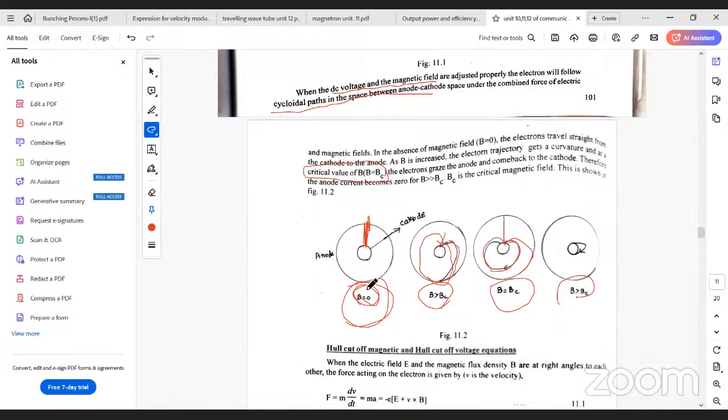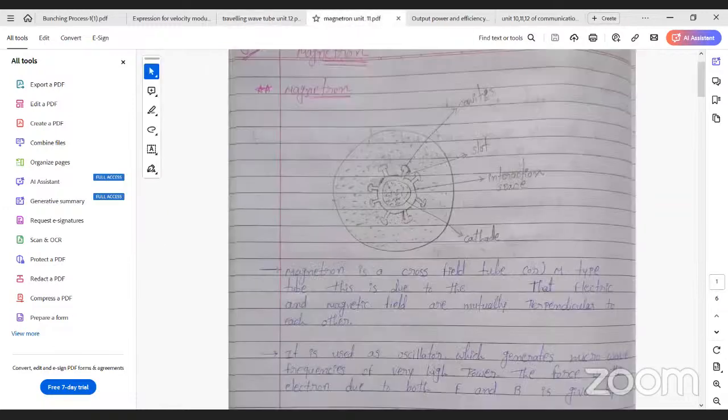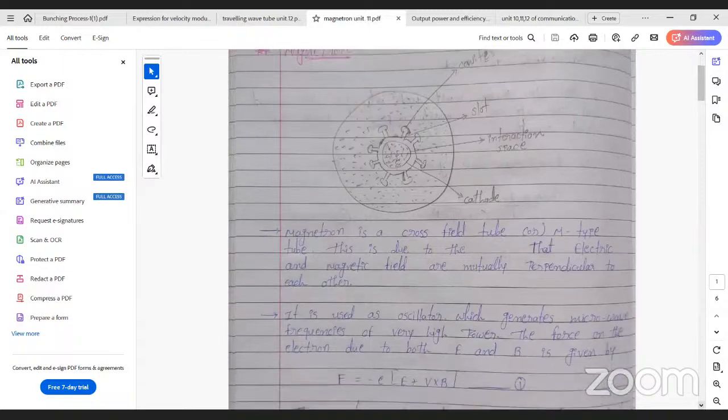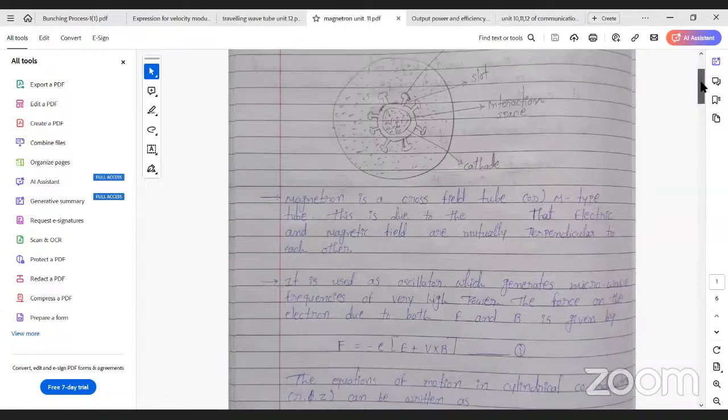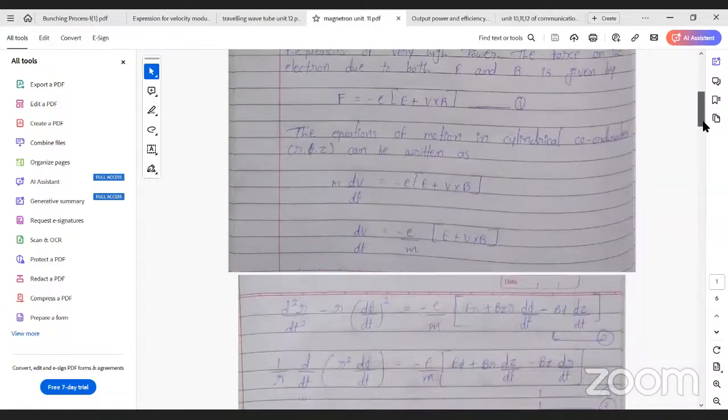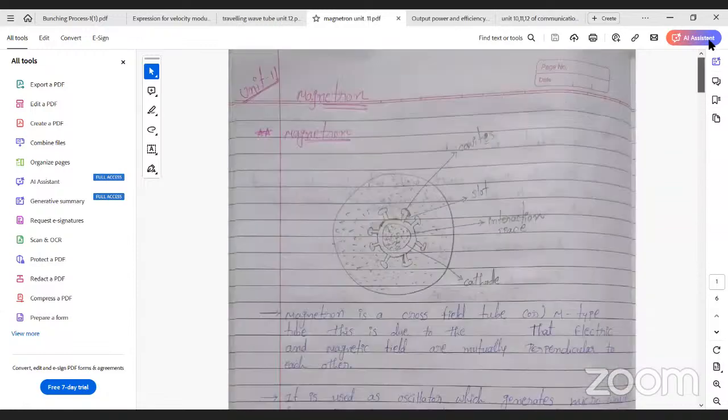So this diagram represents without magnetic field. If we are applying a magnetic field, what happens? Before the magnetic field, it is moving straight. I missed the shapes in this diagram, but no problem.